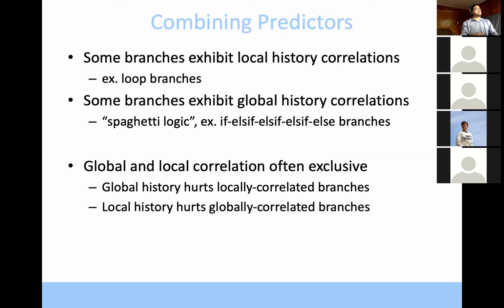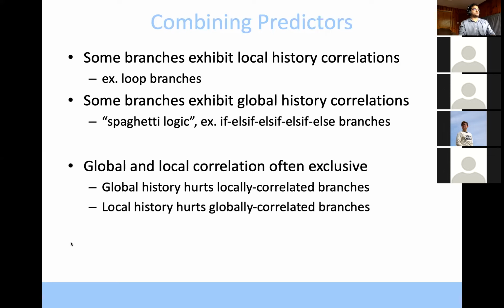Right. And I come here, where we're looking at an issue where global history helps certain branches, and then global history hurts certain branches, right? Local history is the one that you want for certain branches.